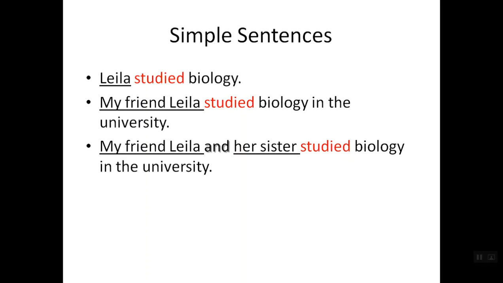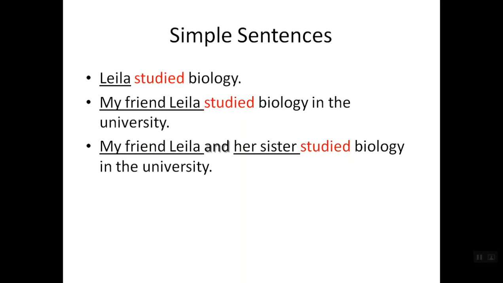So if you have two subjects, but both of them do the same action, have the same verb, so it is a simple sentence. So what about and between my friend and her sister? What about this? Simply, it comes here to connect two subjects together to make it a compound subject.